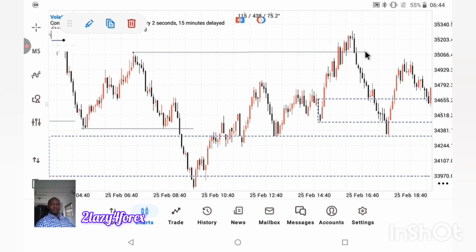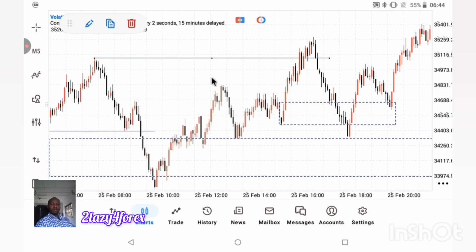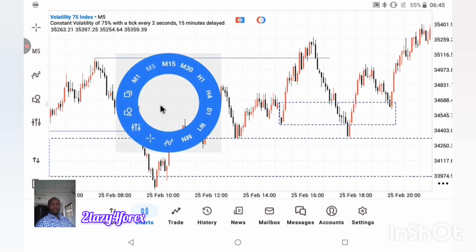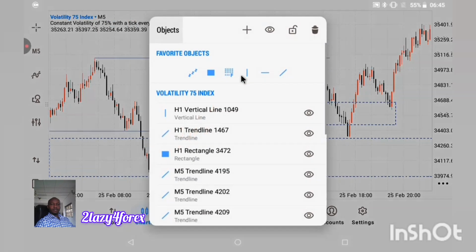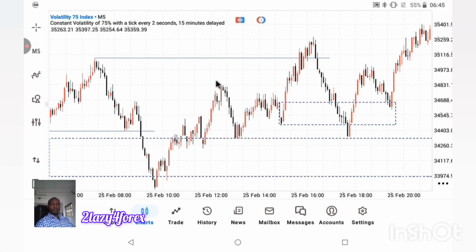So once you have a break of this, you pull out your Fibs, or you look for the last pullback before the break. If you look at it now, this sort of qualifies for a pullback. So you just do this.